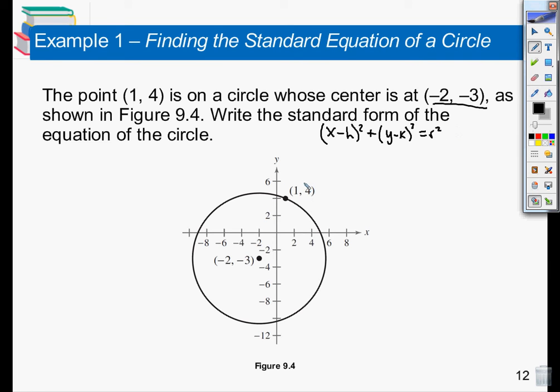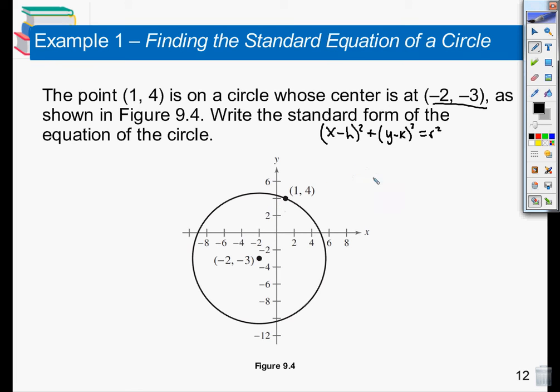I've been given the center point, and I've been given one xy value. Luckily, that's enough information for me to get the radius. Some people might be a step ahead of me, saying the radius is just the distance from the center point to any point on the circle. So the point they've given me in turn gives me the radius if I just use the distance formula.